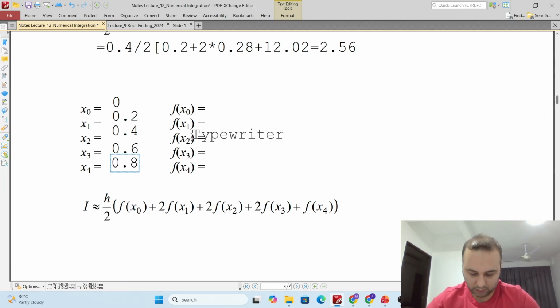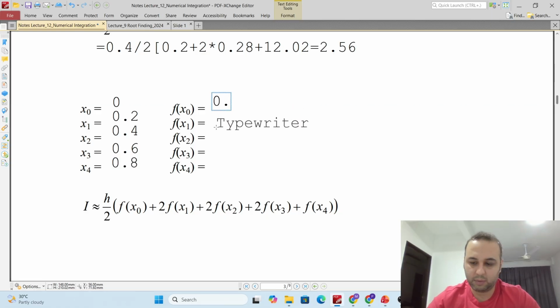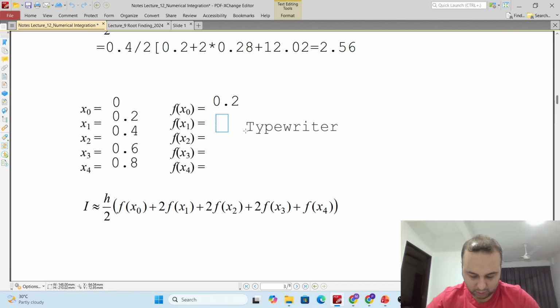After substituting, this one will be 0.2, this one is 1.288, this one at 0.4 is 2.456.